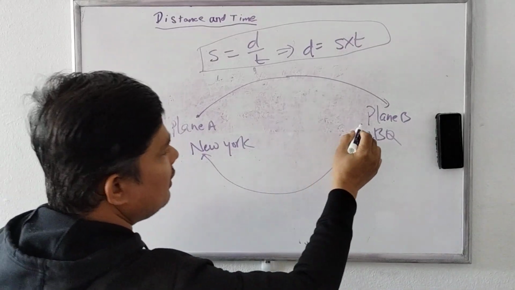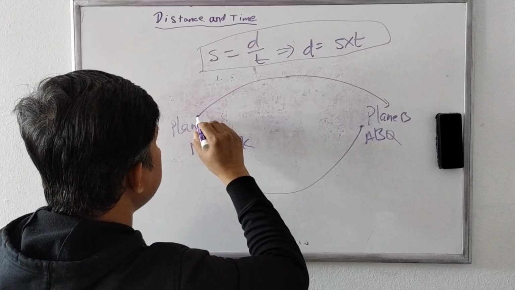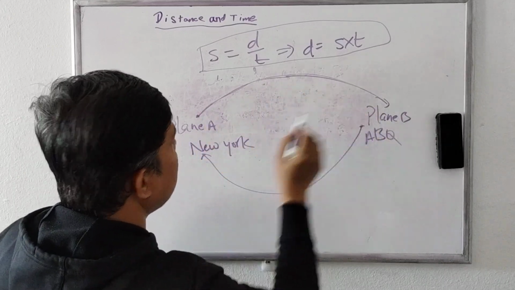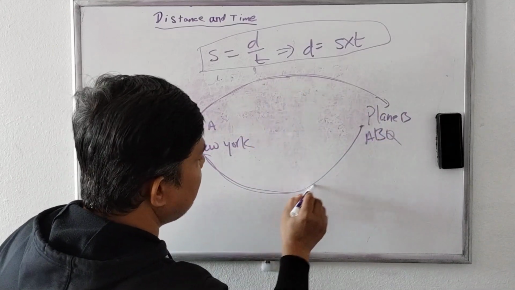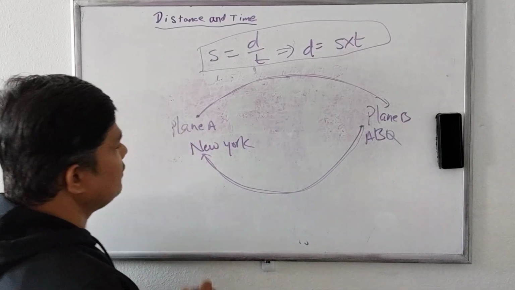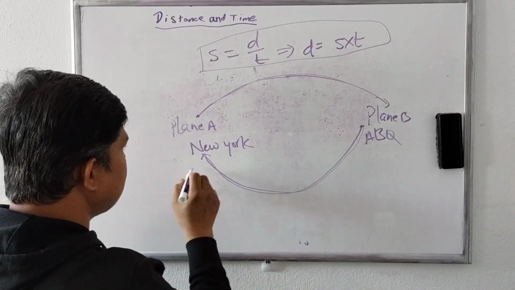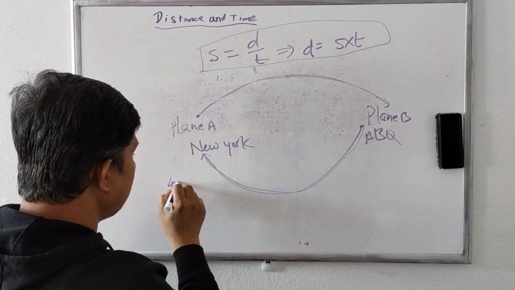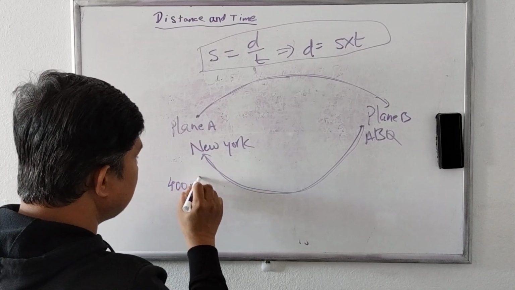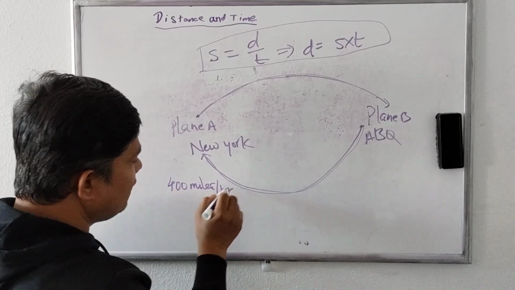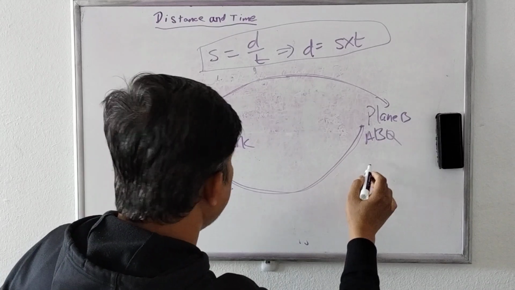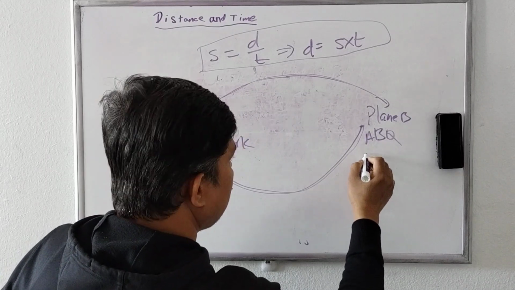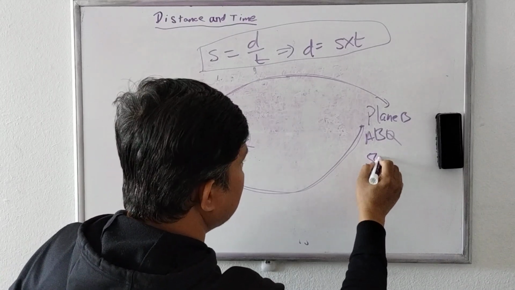Assume that this plane is traveling at the speed of 400 miles per hour and this plane is going at 500 miles per hour.